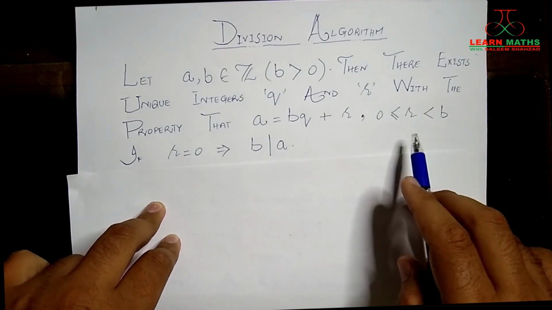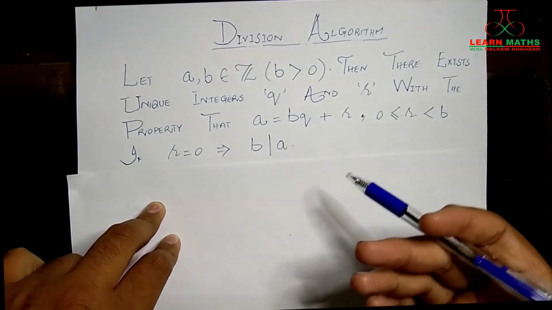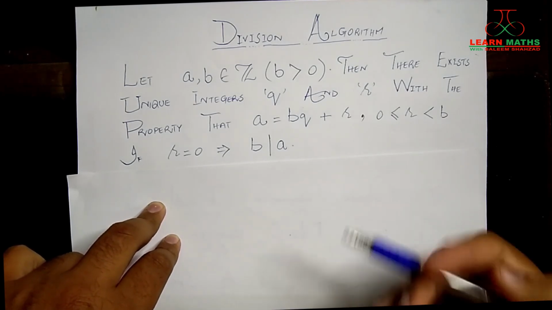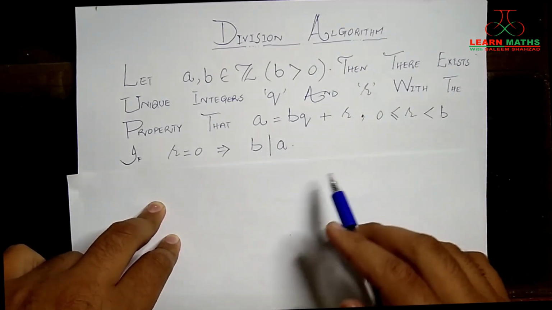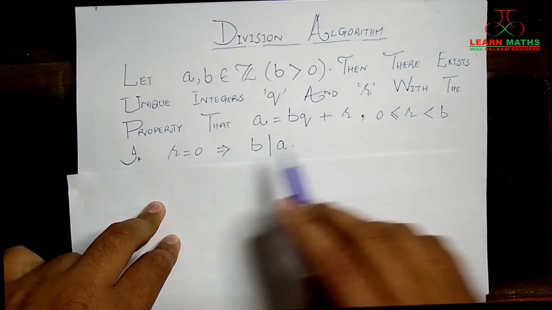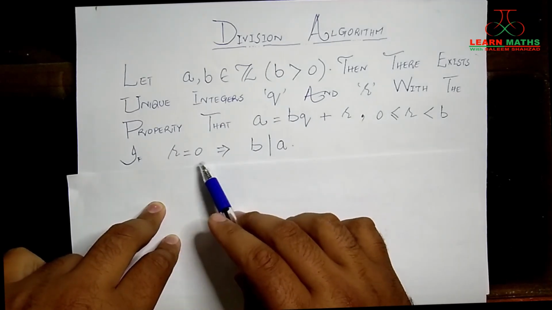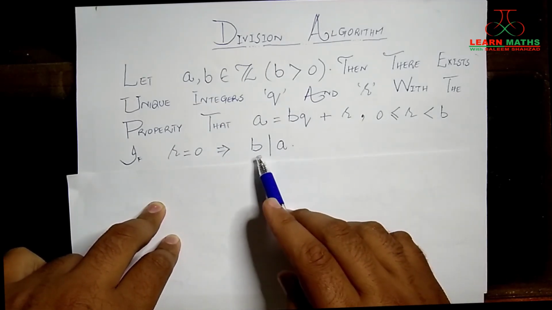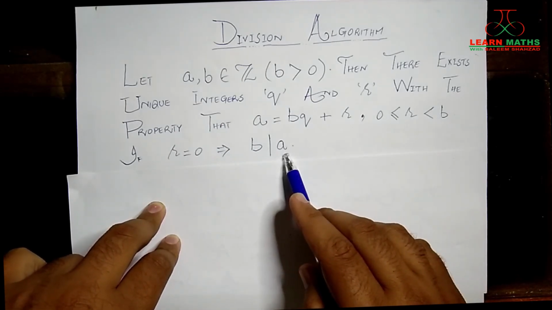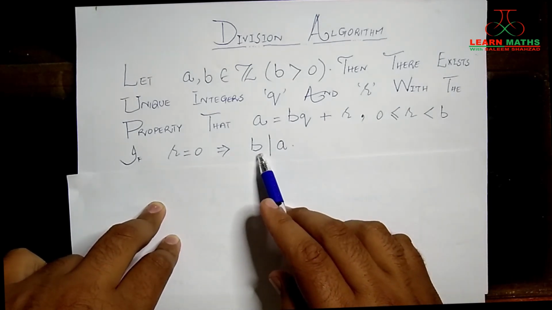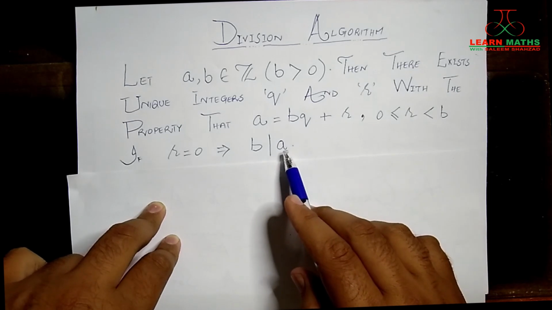This is the division algorithm that we use in our earlier classes, but we are not explicitly told there about the division algorithm. By the way, if r is equal to 0, we say that b divides a. This is a notation from number theory that suggests that b is completely dividing this a.